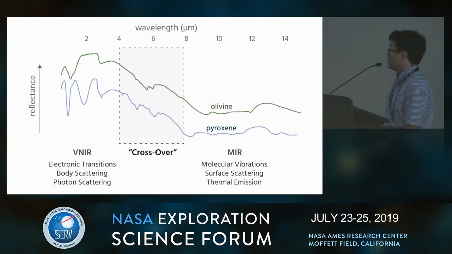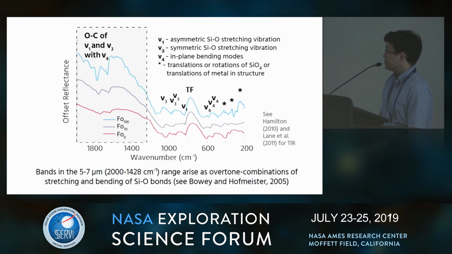What I am going to talk about here is the possibility of using a region of the infrared that I'll nickname the crossover region, which is right between these two fairly different regions of the V-near and the mid-infrared.